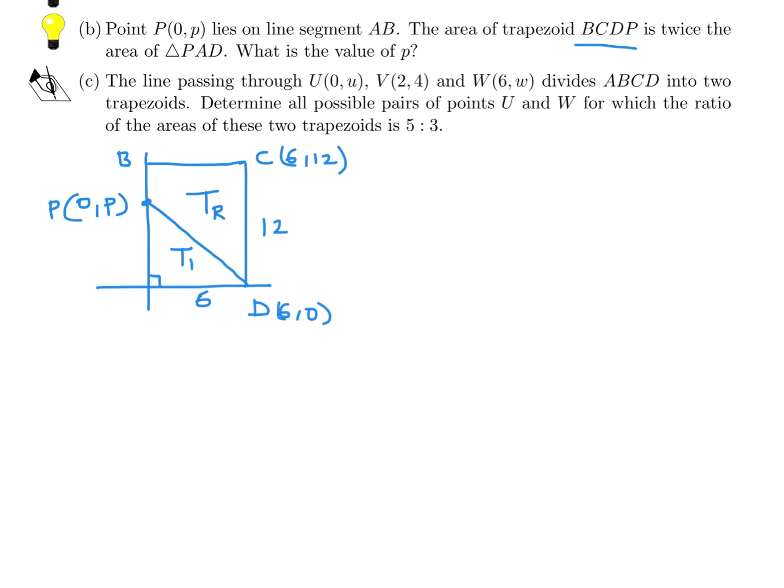So the trapezoid is equal to 2 times the triangle according to the question, correct? It's twice the area of PAD, right? Because this is A. All right, so we can work with this.